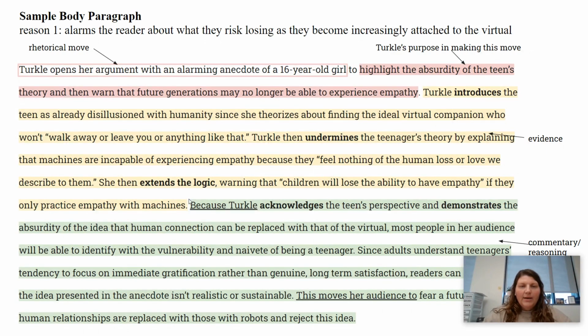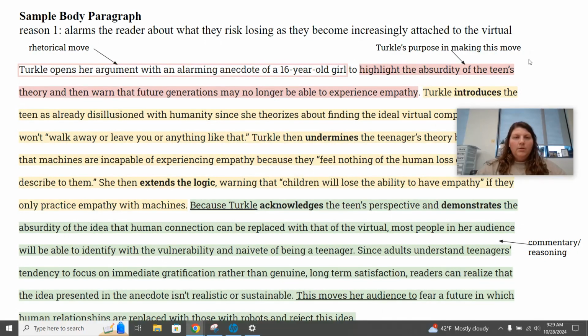Then for my reasoning, I am explaining what she's doing in this rhetorical move and how that has an intended effect on her audience. Because Turkle acknowledges the teen's perspective and demonstrates the absurdity of the idea that human connection can be replaced with that of the virtual, most people in her audience will be able to identify with the vulnerability and naivete of being a teenager.